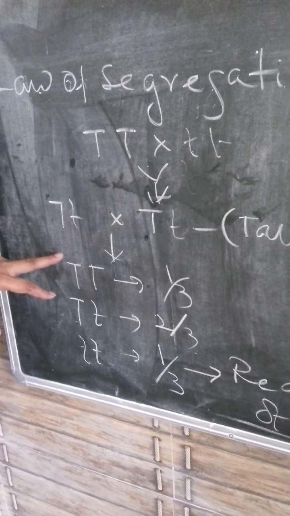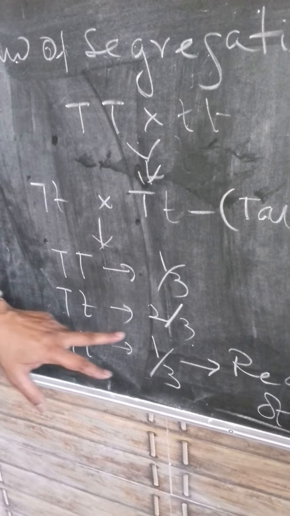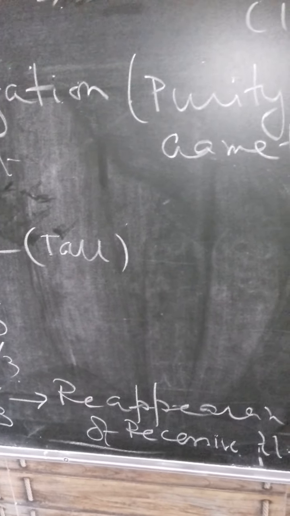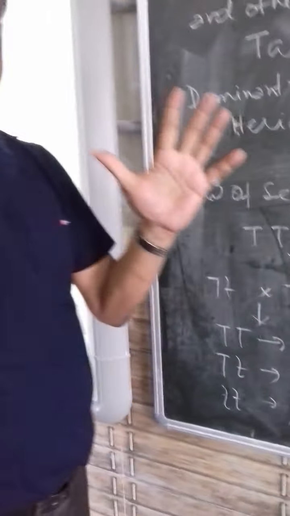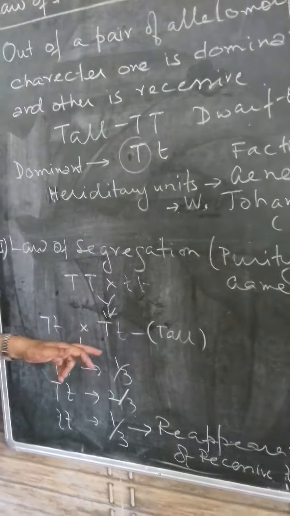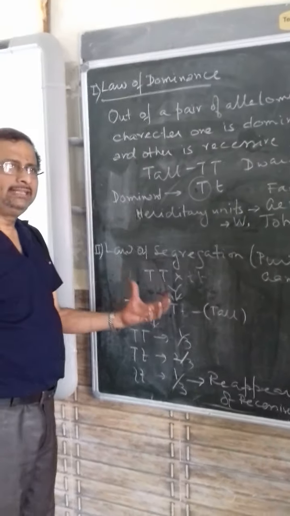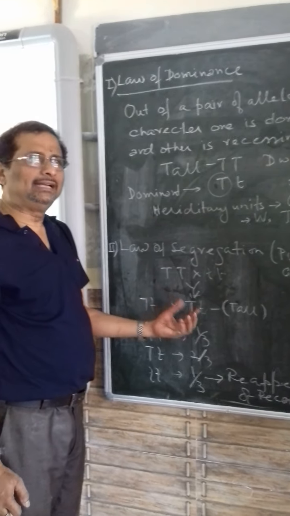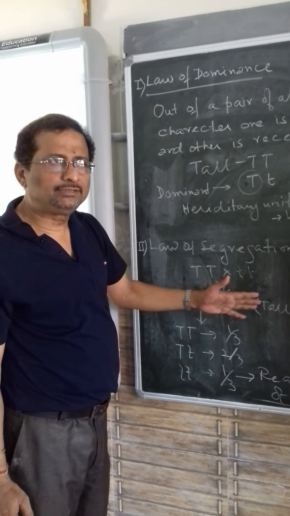So 1/4 is pure tall, 2/4 is hybrid tall, and 1/4 is dwarf. Now what is the law of segregation? What does it state? The law of segregation, or what we call the law of purity of the gametes, states that in the first generation, when we see the F1 generation is all tall, we can think that the dwarf gene has vanished. But did it really vanish?